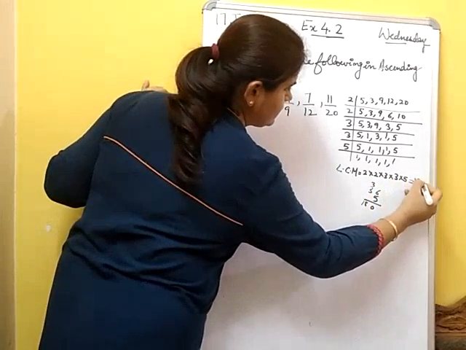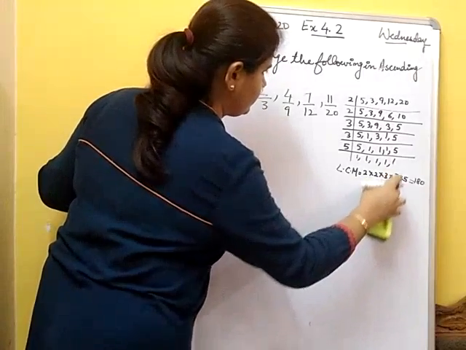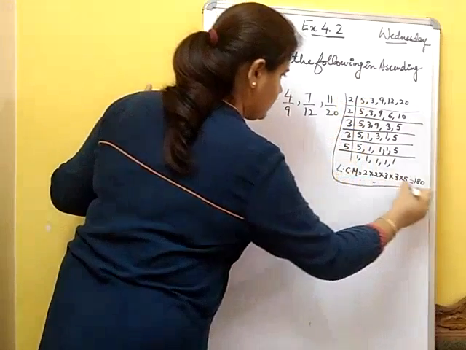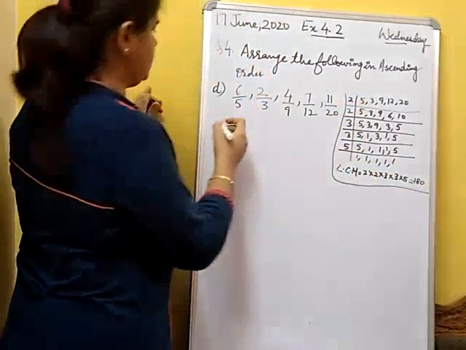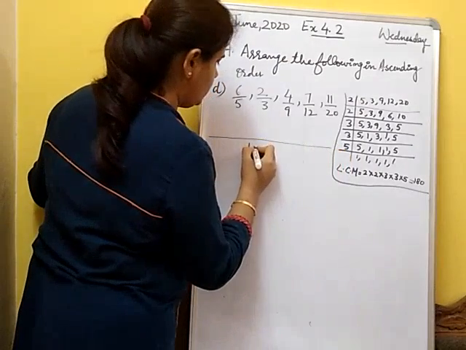So LCM is 180. You will take the common denominator as 180.